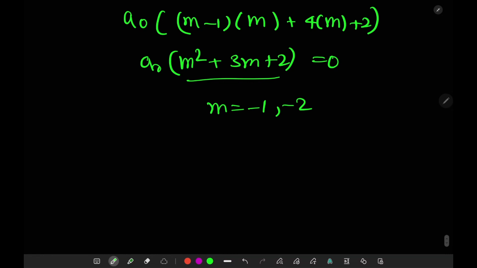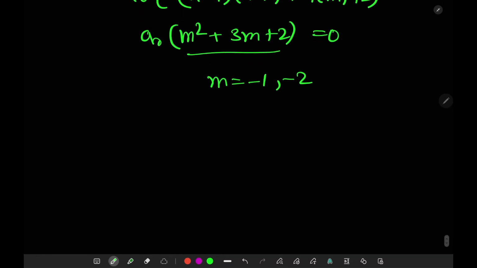These are the roots of the equation, so we need to find the general equation to find the value of a1, a2, a3. So we put k equal to 1 in first summation and k equal to 0 in second summation.